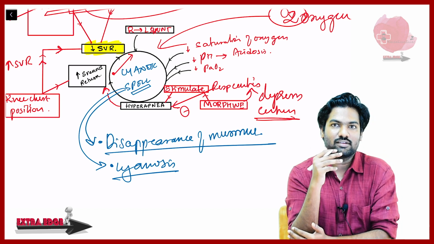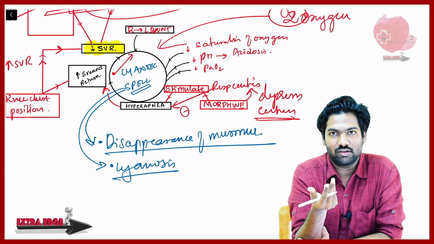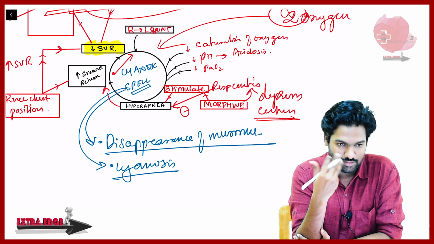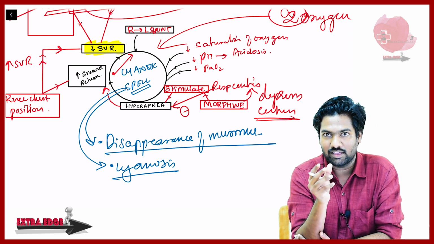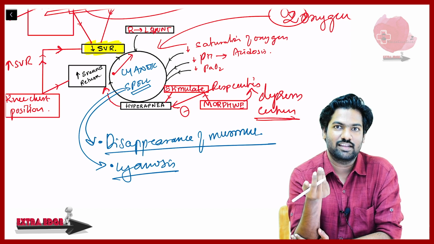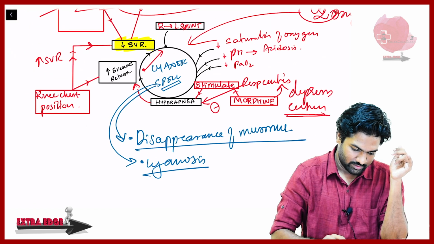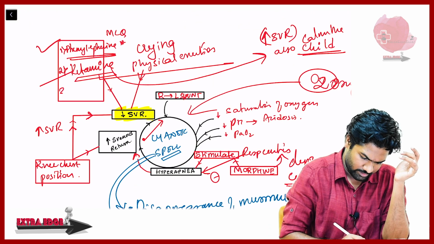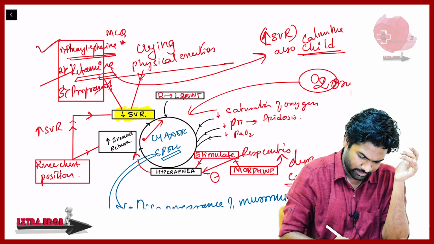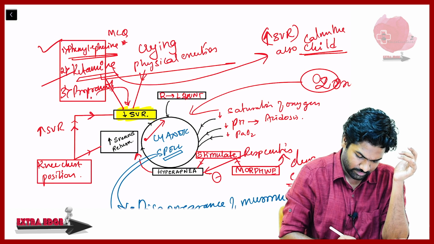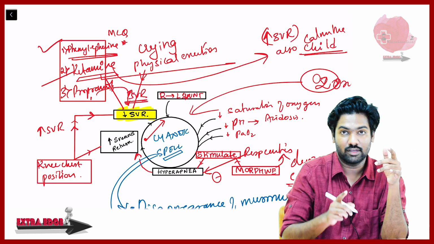But the action of this beta blocker on the pulmonary trunk or pulmonary artery is little less known, so how they actually reduce it is unclear. I'll write it here: propranolol will cause an increase in SVR on the chronic basis.